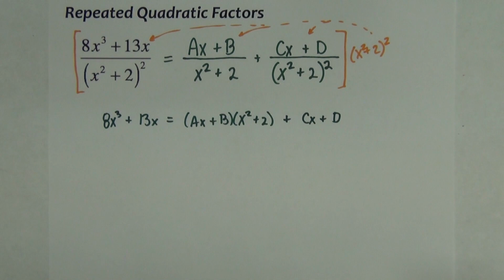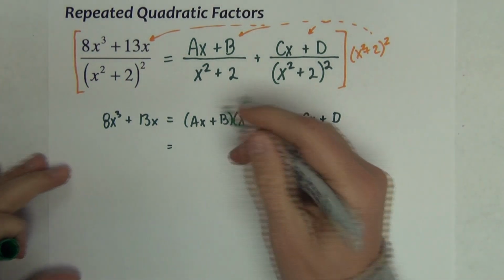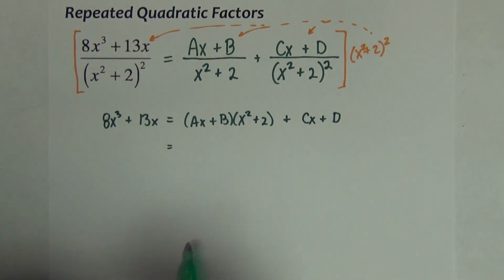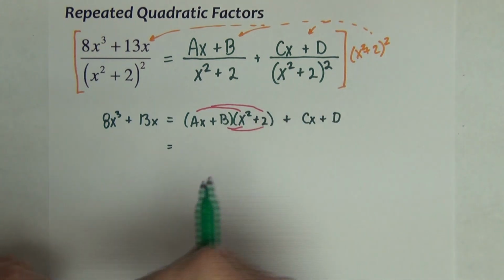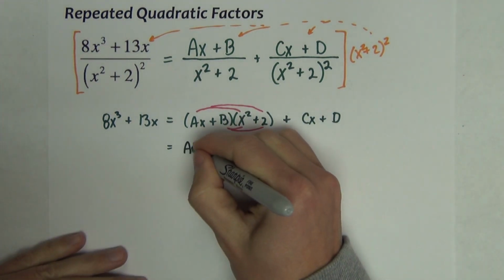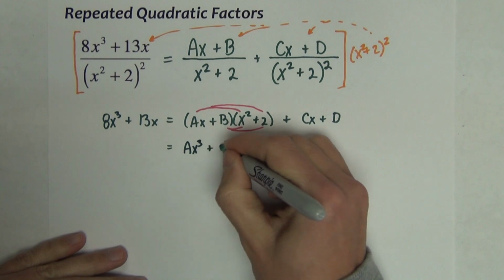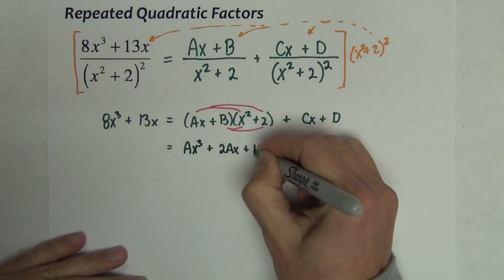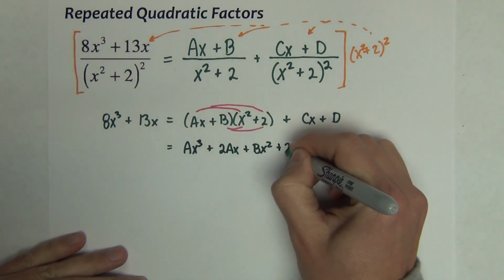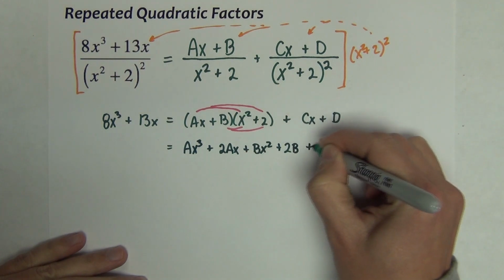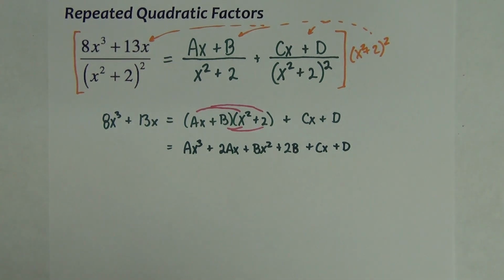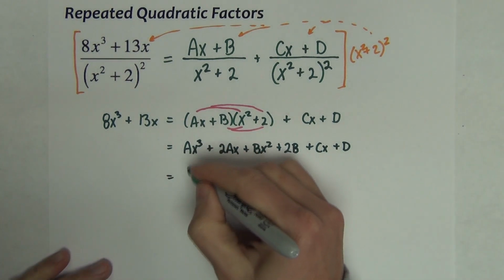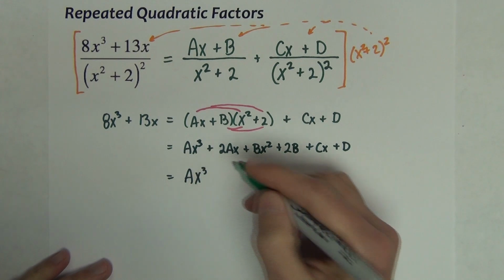Now, as we did in the last example, we're going to work out the left hand side of this. So I am going to FOIL right here, giving me ax cubed plus 2ax plus bx squared plus 2b. I'm going to keep that cx and d, and I'm going to regroup things. I only have this one x cubed term.